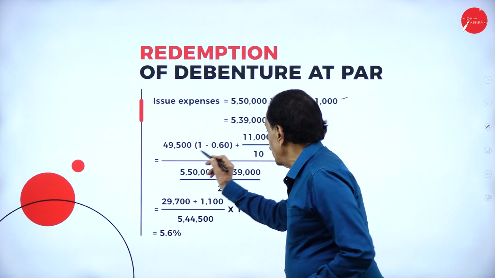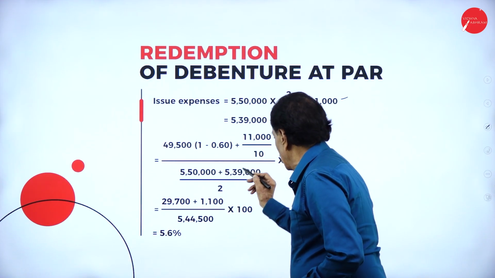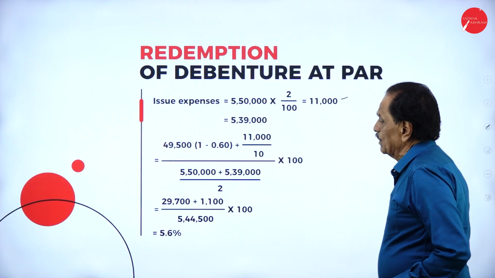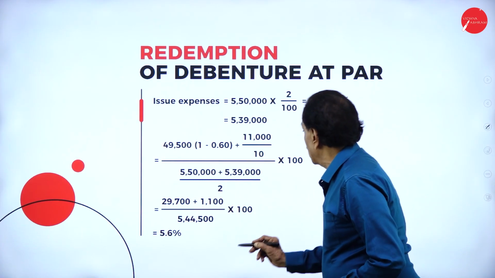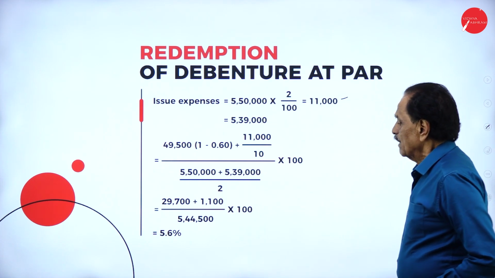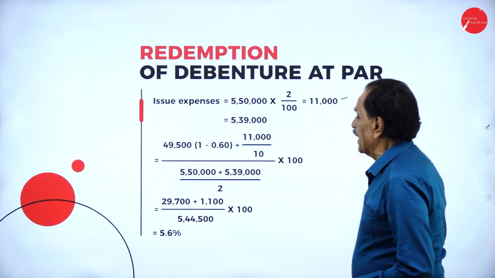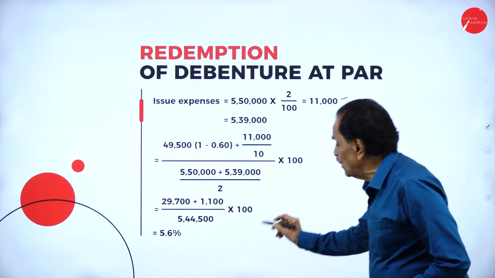Simplify. 49,500 into 1 minus T, 11,000 divided by 10, 5 lakh 50 plus 5 lakh 39,000 divided by 2. It works out 29,700 plus 1,100 divided by 5 lakh 44,500 into 100.